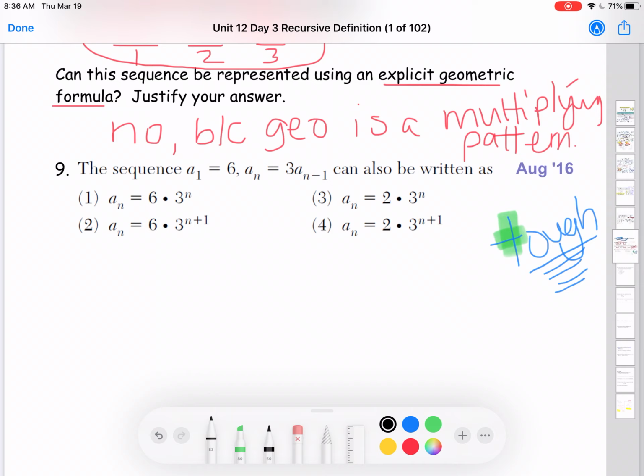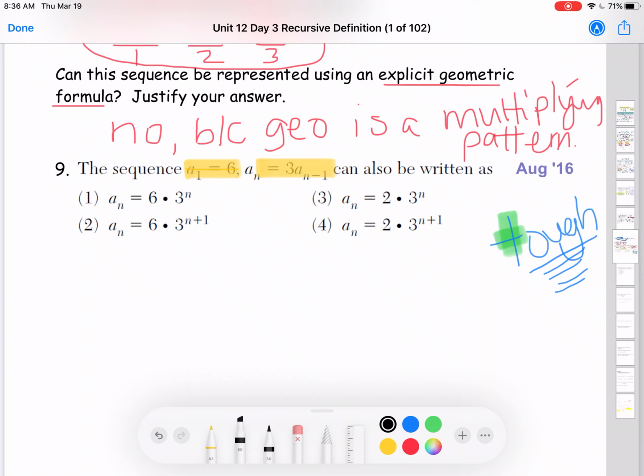Okay, so the sequence, a sub 1 is equal to 6. And hopefully you guys can tell now that this is recursive. So the next term is equal to 3 times the one before it. I can tell that that's recursive. Now they're saying to me, this can also be written as.